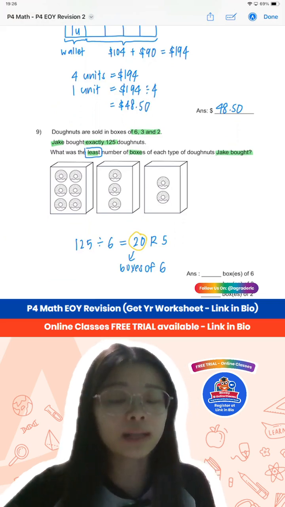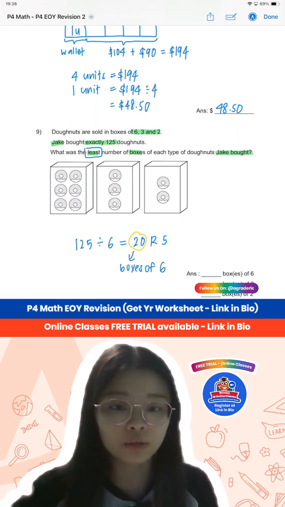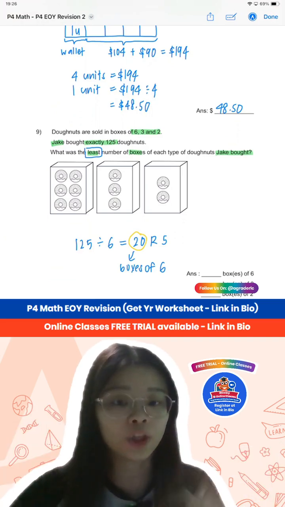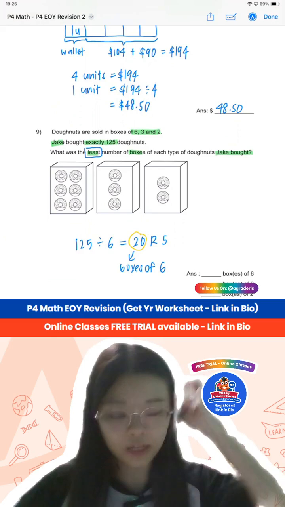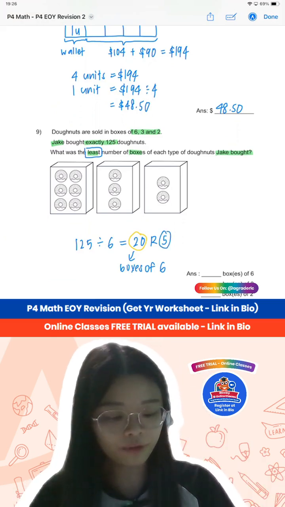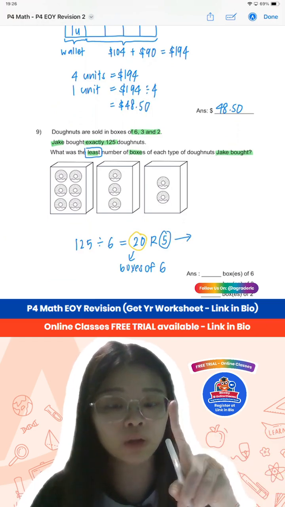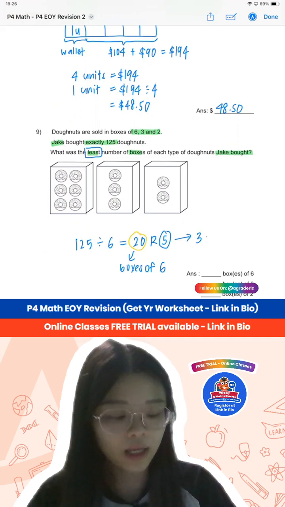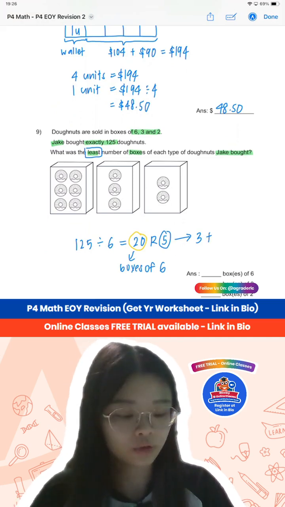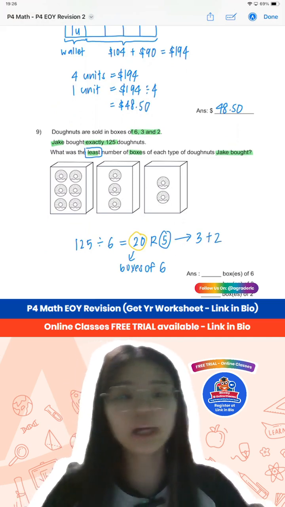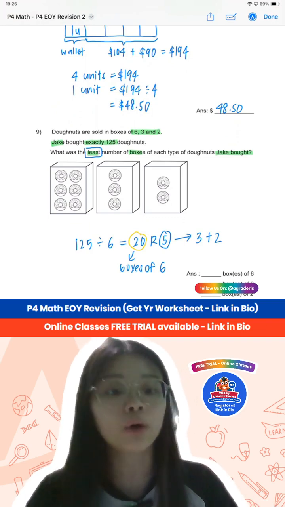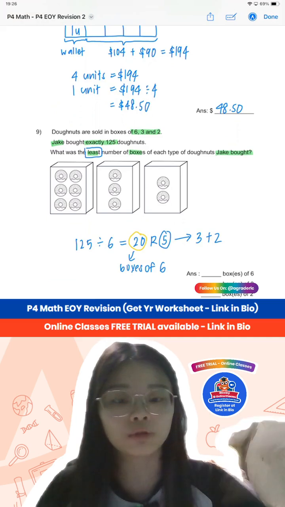So that's why the suggested way is to divide by the greatest number first and not assume first. Now we have a remainder of 5. With this remainder of 5, I can only get one box of 3 and one box of 2. You can't have decimals because the question is asking for boxes. You can't cut the boxes into pieces.